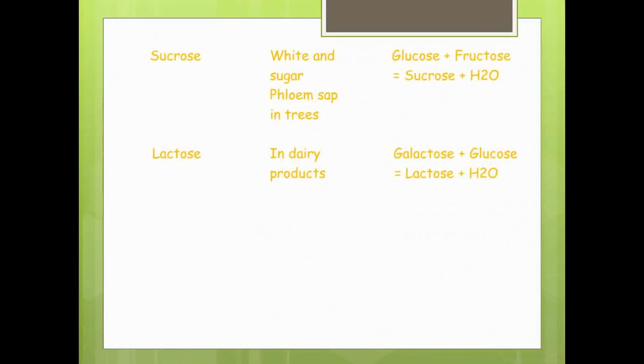Let's see the next type, sucrose. They are present in white and brown sugar. Sorry, I forgot to put that there. So in white and brown sugar we can see sucrose, and we can also see it in phloem sap in trees.